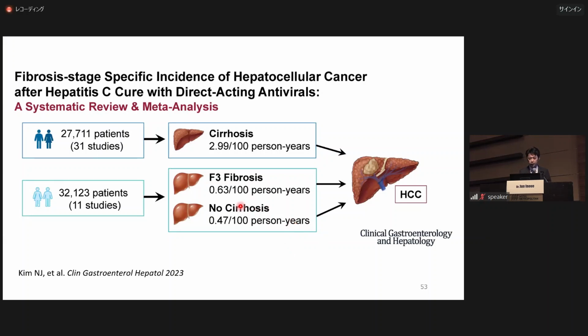If the patient has F3 fibrosis, 0.63% developed HCC. And if there is no cirrhosis, 0.47%. So after SVR, patients still have a risk of HCC development.